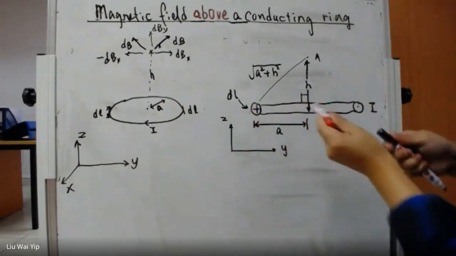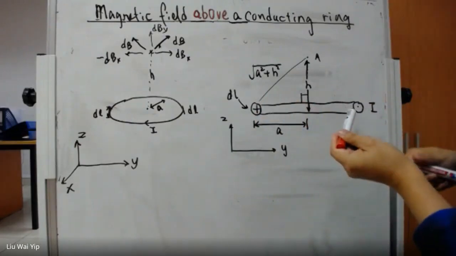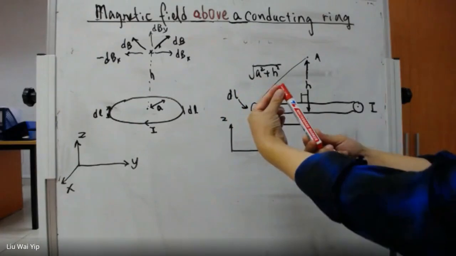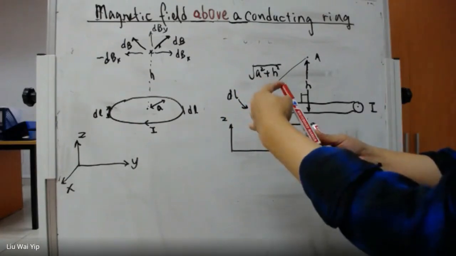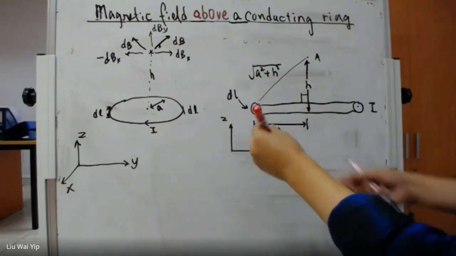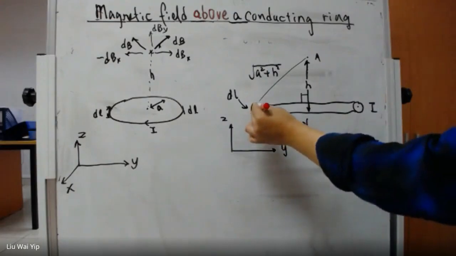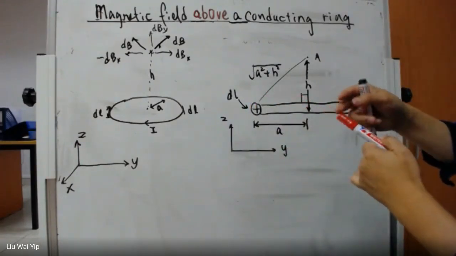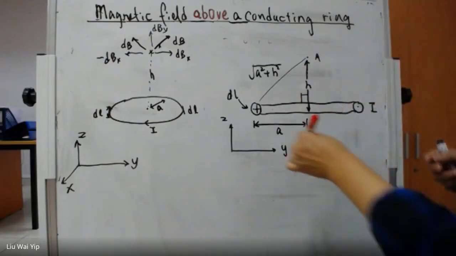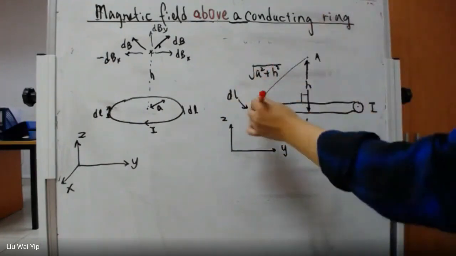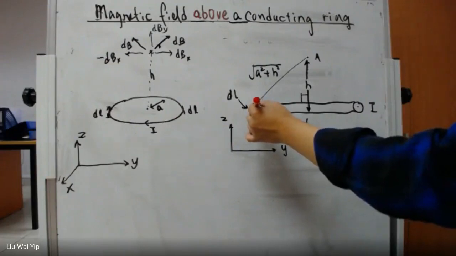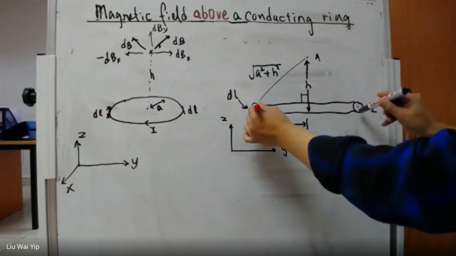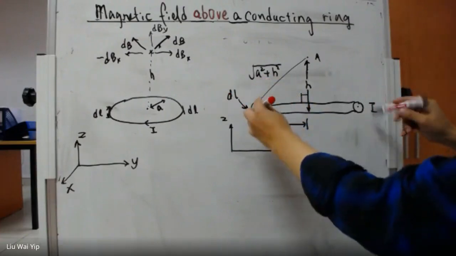Assuming this red marker is the delta L, and the cap of the red marker is the arrowhead, there's another one here on the opposite side.